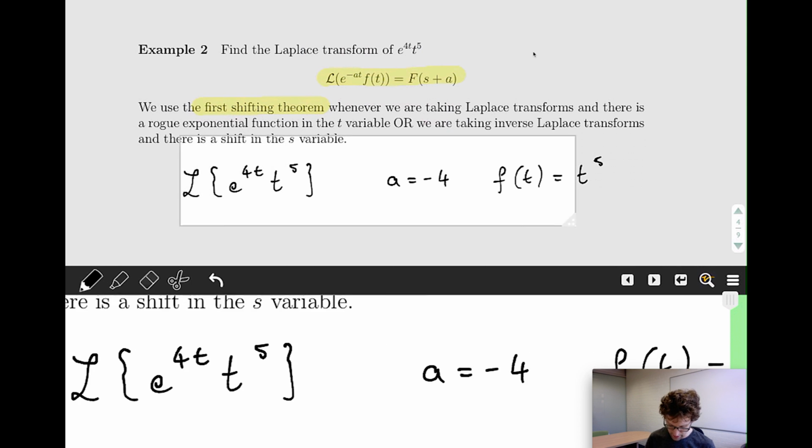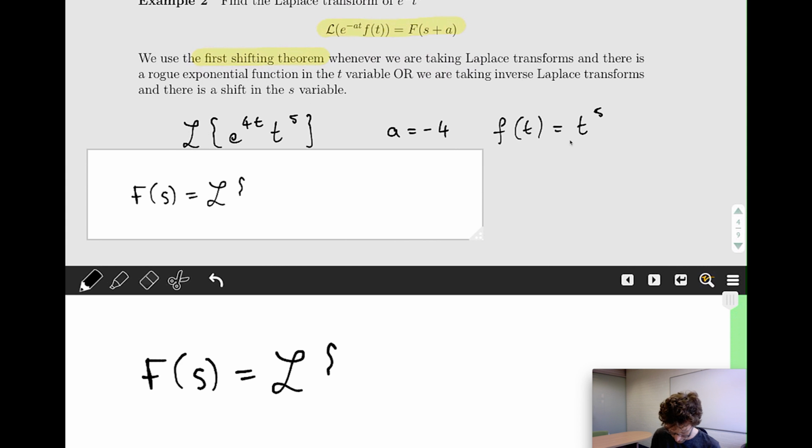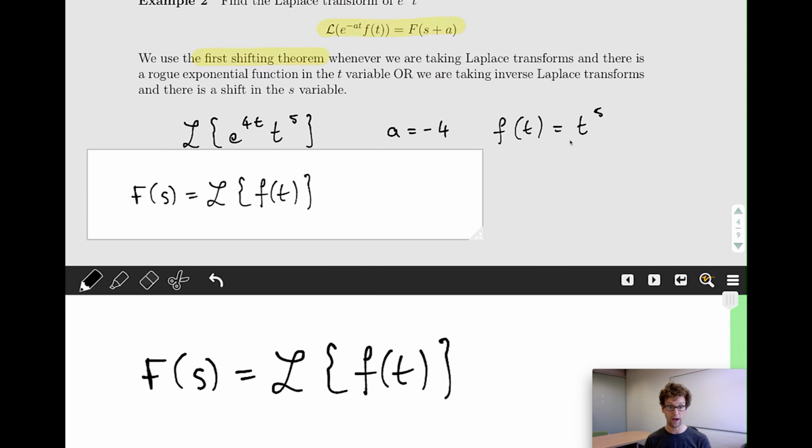What I need to do now is use this f of t to figure out what big F of s is. Big F of s is going to be the Laplace transform of my function f of t, which again is the function without that exponential in front. So that's going to be the Laplace transform of t to the power of 5.